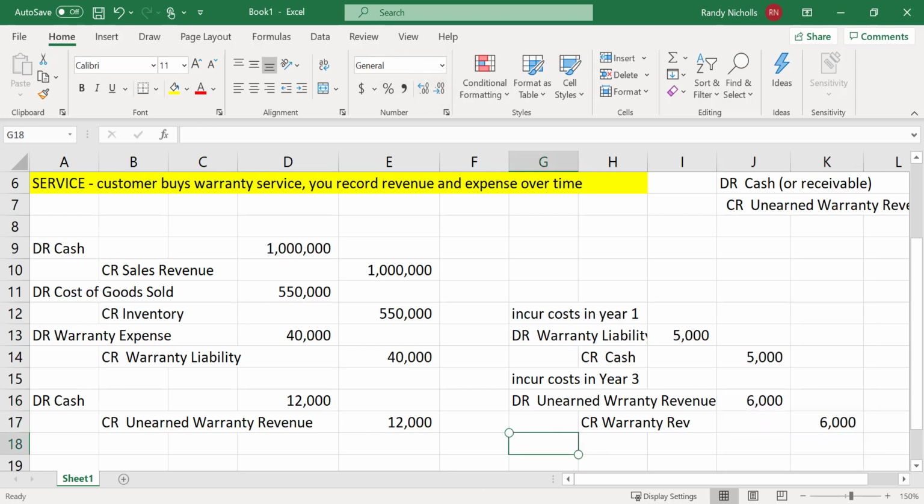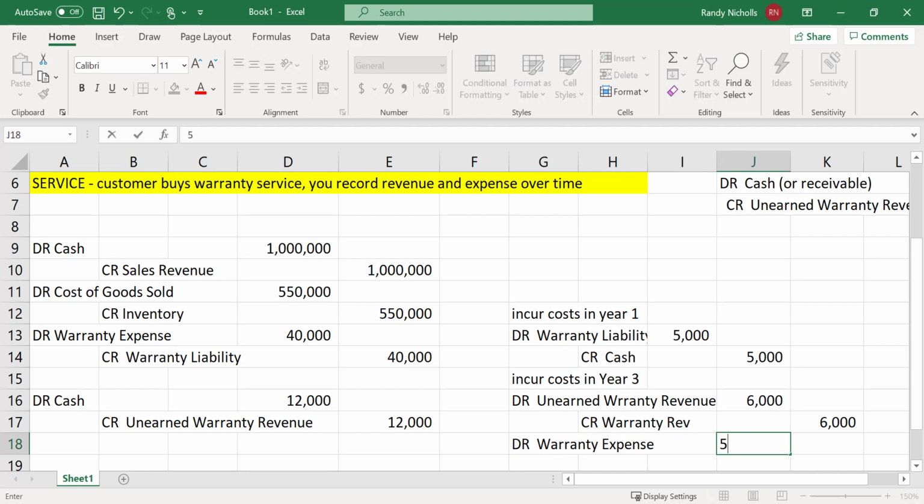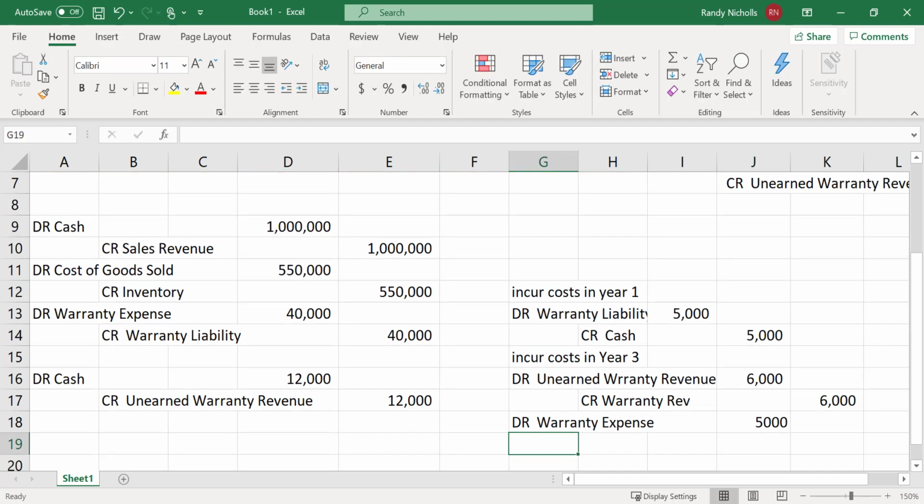Okay. And then as I incur costs, I'll actually record the expense. So those same $5,000 of expenses occur again in year 3. Now it's warranty expense. Because now the matching is I want to record the expense related to the warranty revenue I'm recording. And credit the cash or whatever it is I'm paying.